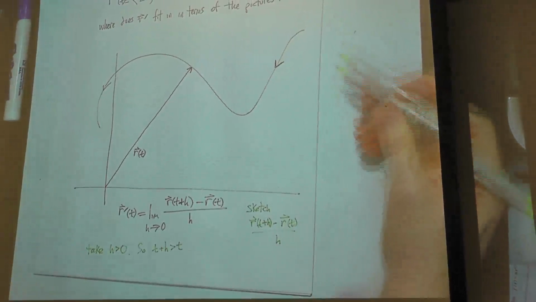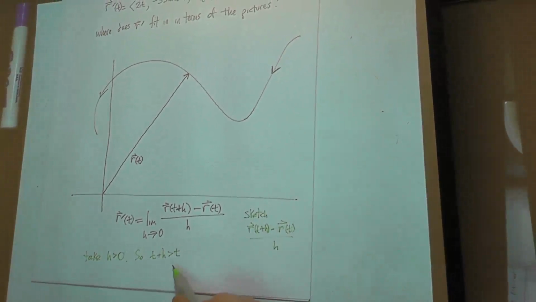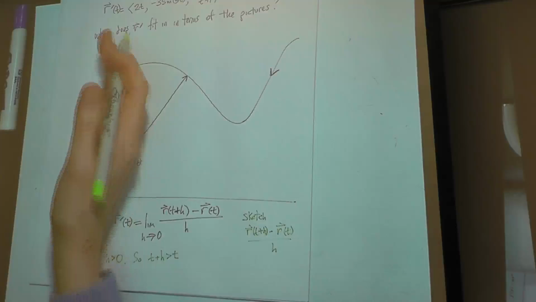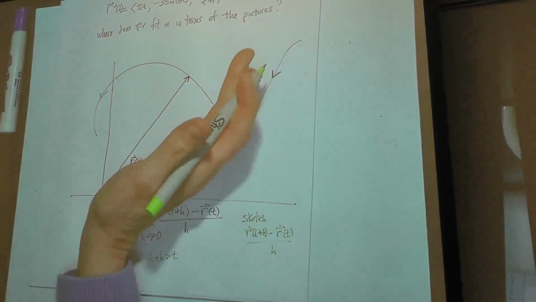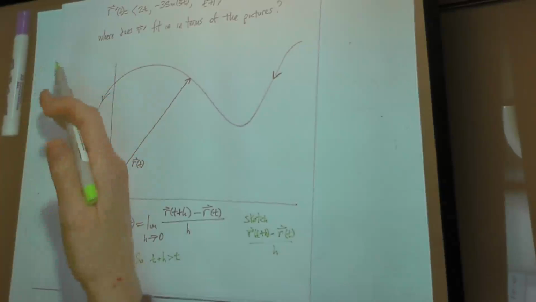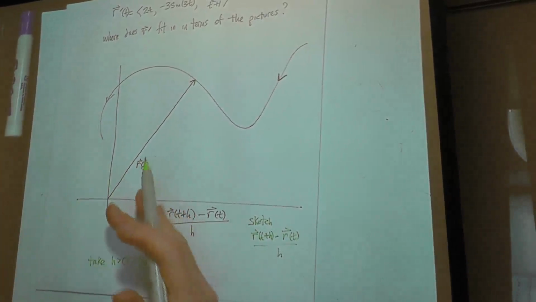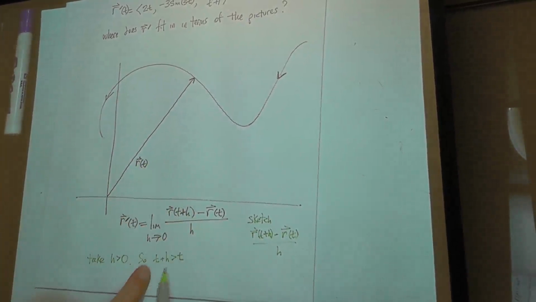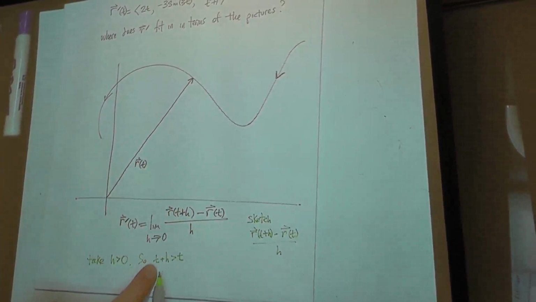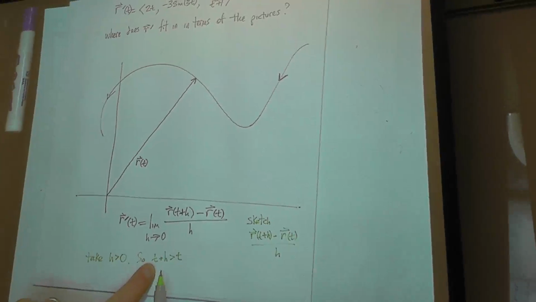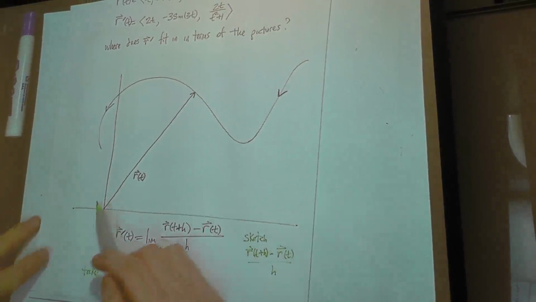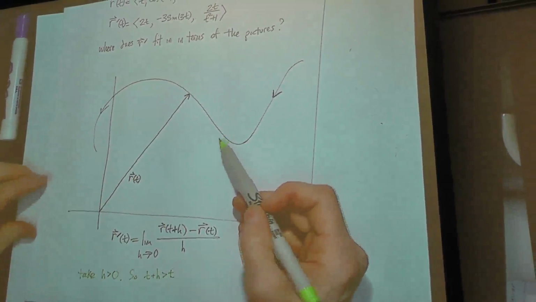So if I draw in R of t plus h, will it be to the right of this vector R of t or to the left? To the left, because t plus h is farther along in time. Had we chosen h negative, it would have been over here on the right.